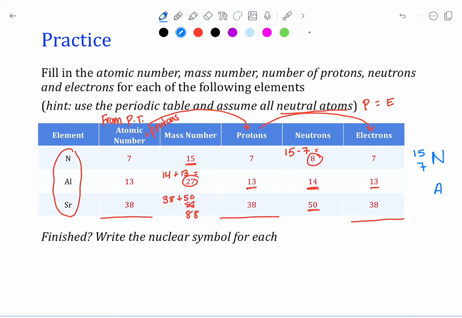For aluminum, we put our atomic number, our number of protons, on the bottom, and our mass number, 27, on the top. And finally, for strontium, we put our atomic number, 38, on the bottom, and our mass number, 88, on the top. So those are our nuclear symbols for each of these isotopes.